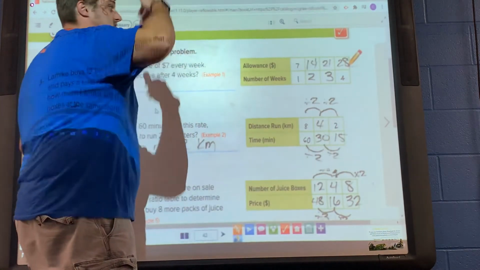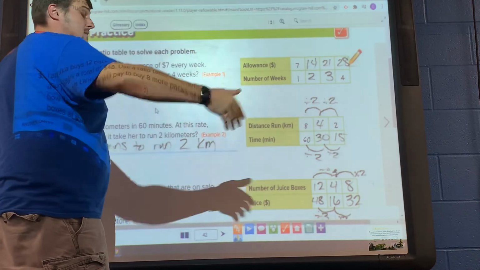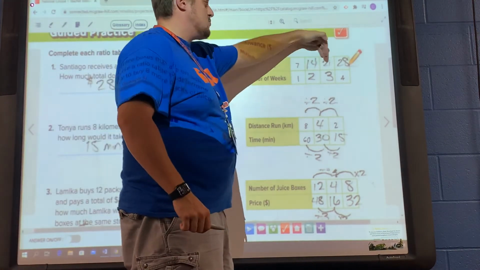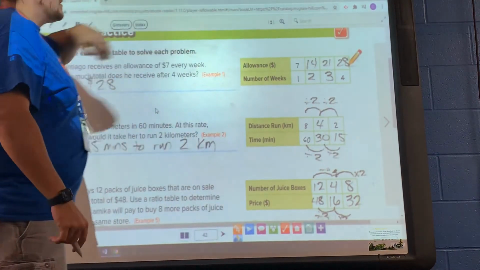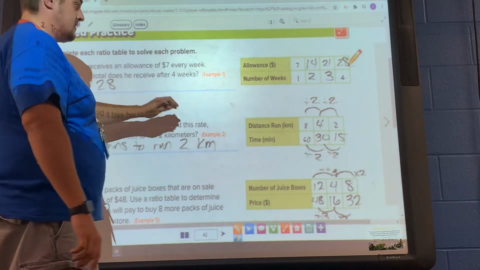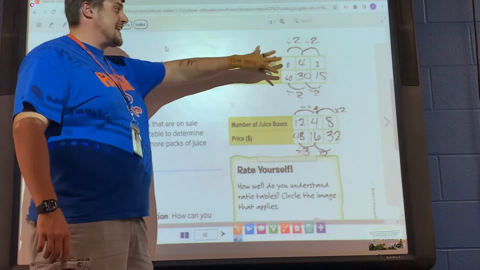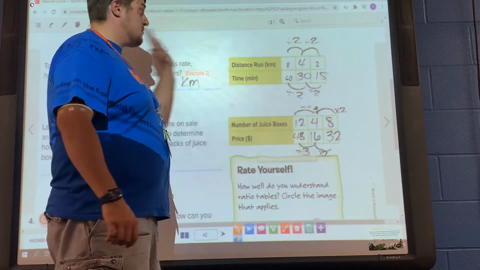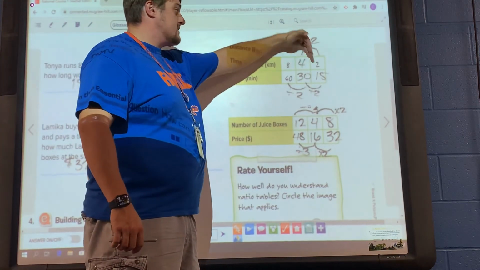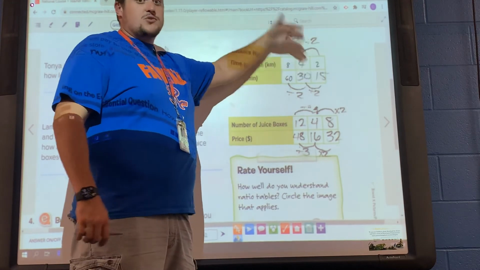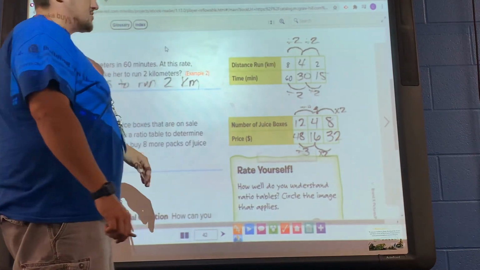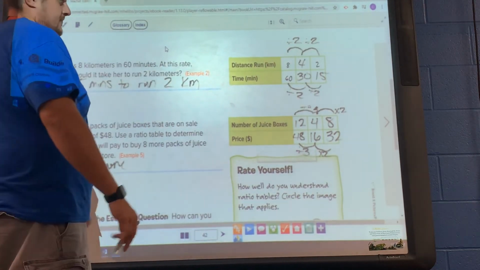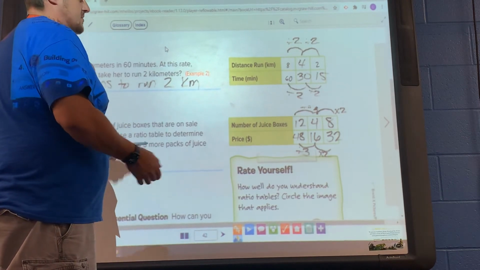So it's not doubling, it's adding 7 each week. That's what you gotta find. Now here was where we had to scale. So we just divided it out. We went down the line. We went from 8 to 2, so we had to divide it all the way down. First one was addition, this one's division. And then you did the scaling.